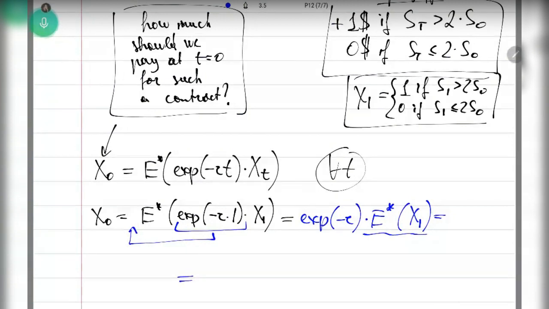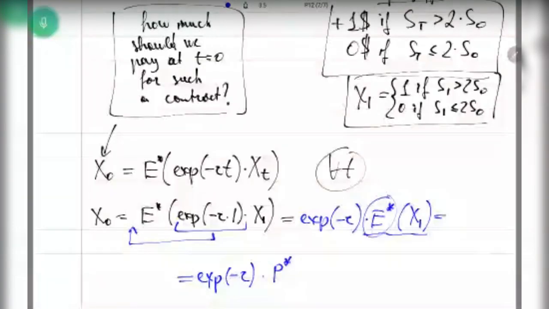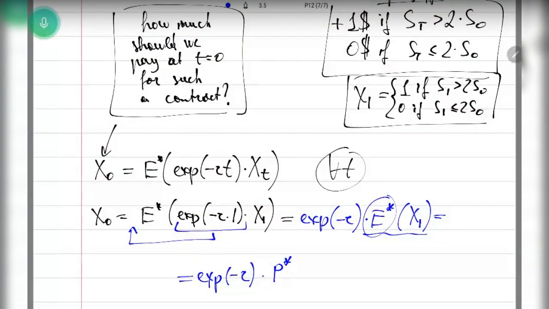It will be the probability that S_1 is greater than 2 S_0. Yes, exactly. You are right. We just calculate the probability, but not probability, probability star, because we have expected value star, we need to use this strange probability, the existence of which is asserted by Girsanov theorem. So we need to use the strange probability.